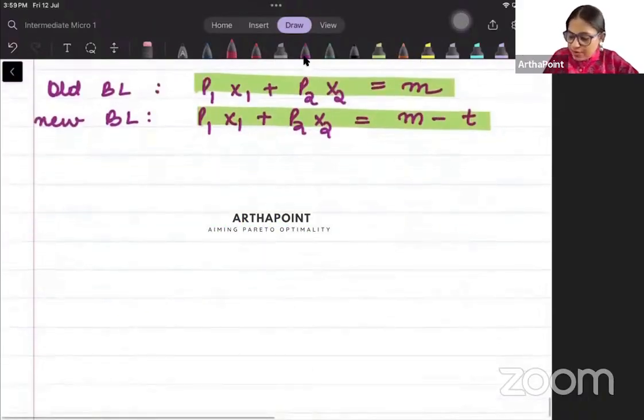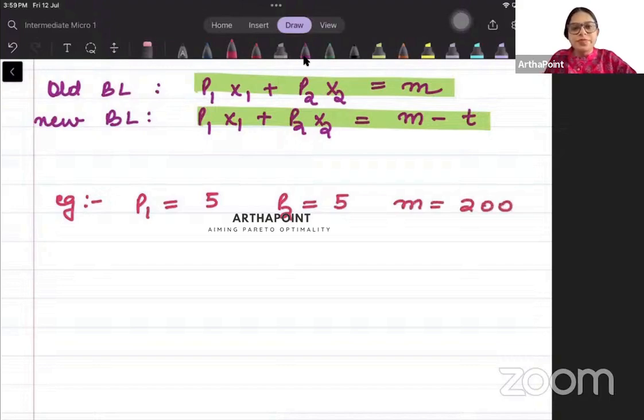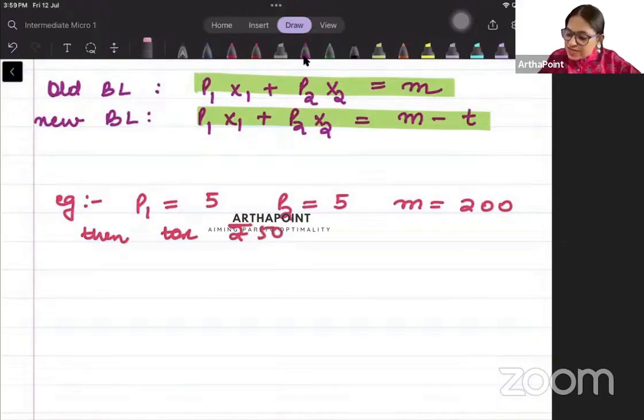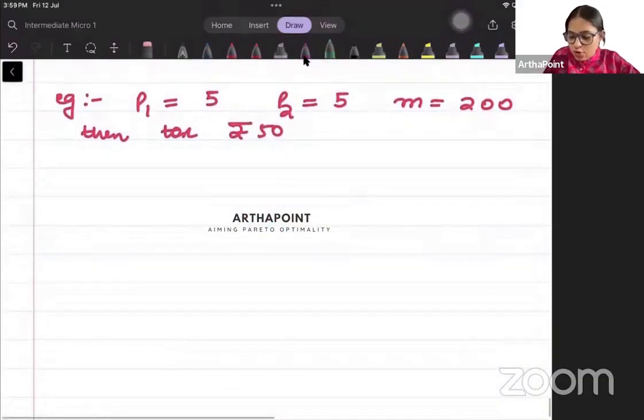Let's take an example. Suppose I tell you P1 is 5, P2 is also 5, and the income of the consumer is 200. And then there is a lump sum tax, a fixed tax of 50 rupees imposed. So what is going to be your old budget line, beta?